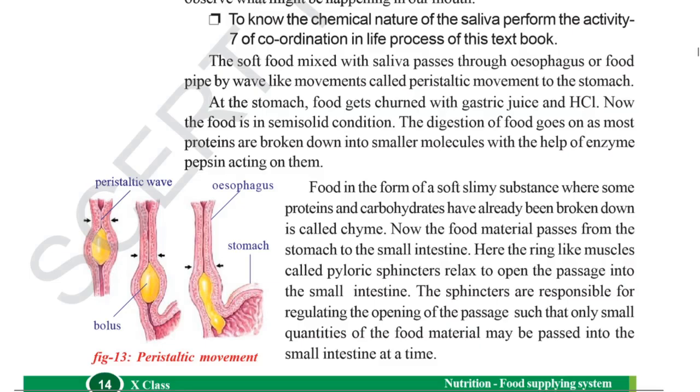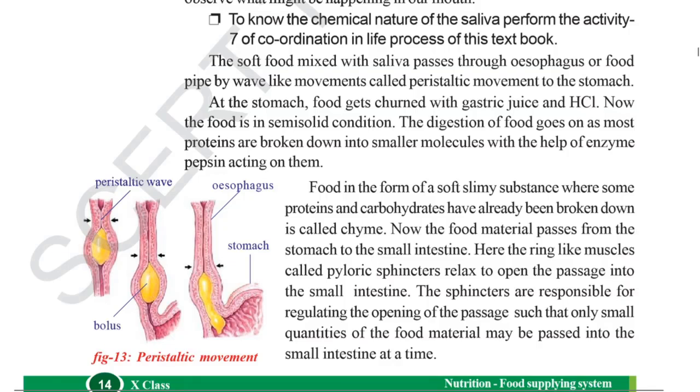How will it move from the esophagus to the stomach? The movement is called peristaltic movement. All the food doesn't go at a time inside the esophagus.